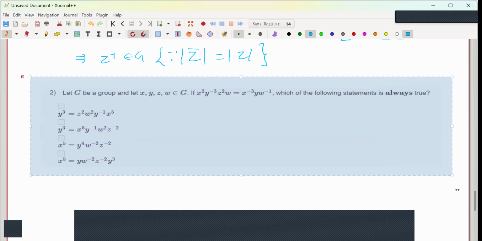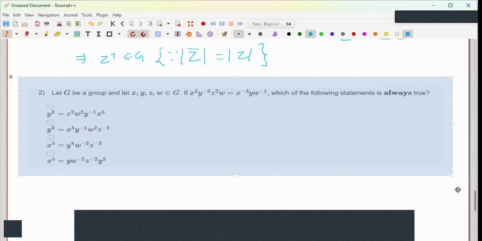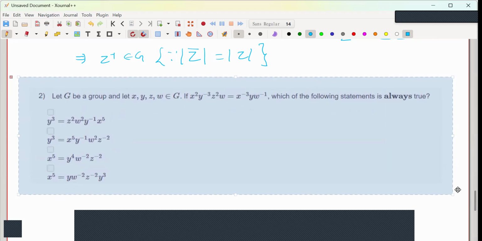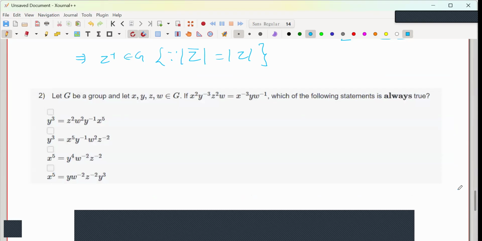Let G be a group, and let x, y, z, w belong to G be such that they satisfy this relation. Which of the following statements is always true?